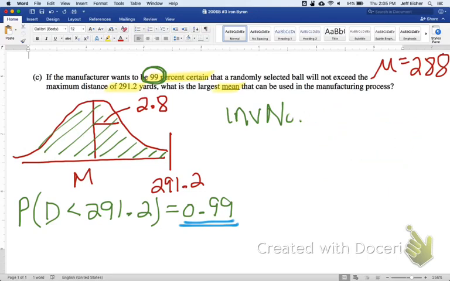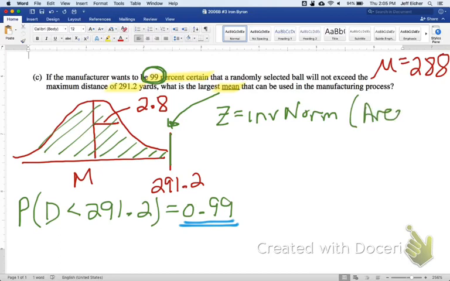Well, using inverse norm is a fantastic idea, but you can always use inverse norm to find a z-score. So let's convert this boundary to a z-score using inverse norm. Inverse norm gives z-scores.